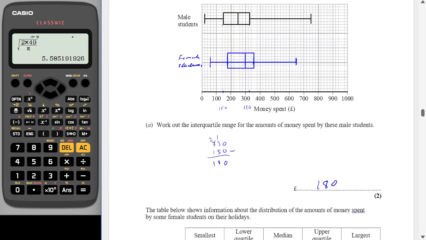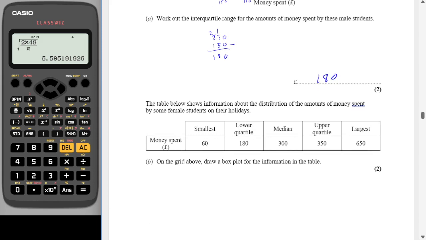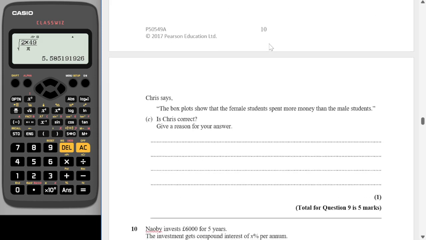Yes, what I'm going to say is yes, on average, the median, females spend more than males.